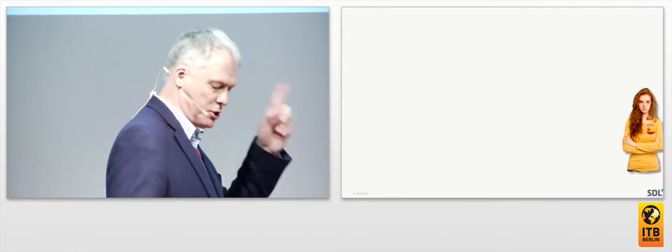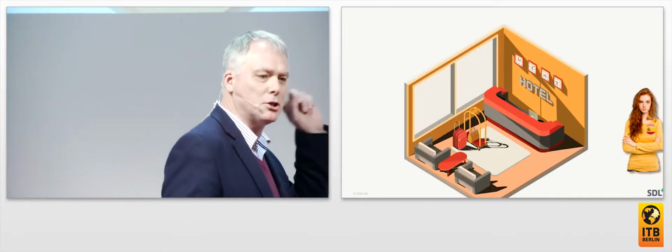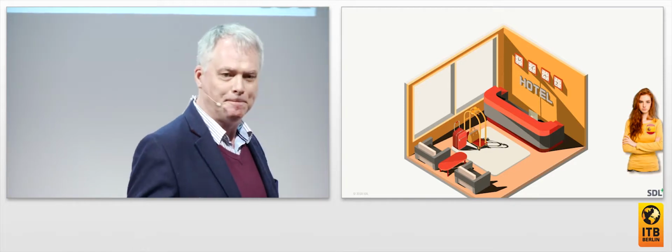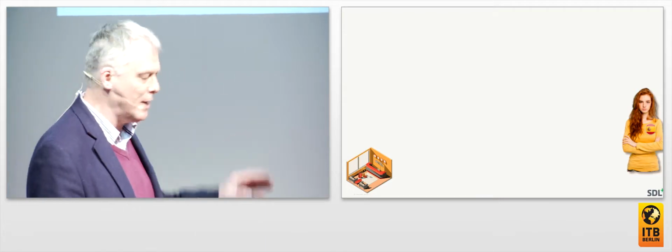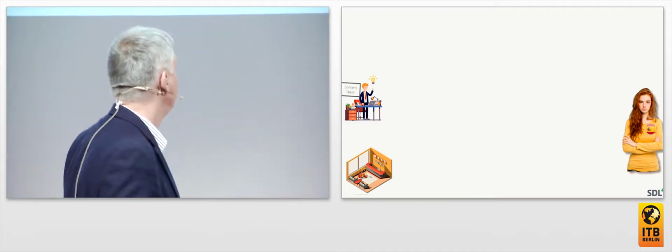Here we have a customer who wants to go on a trip. And let's assume, for argument's sake, that she's Spanish. She wants to book a hotel in London. And in order to market this hotel to this customer, we have to go through, in the travel industry, a huge number of processes in order to get the information about this property in front of her.